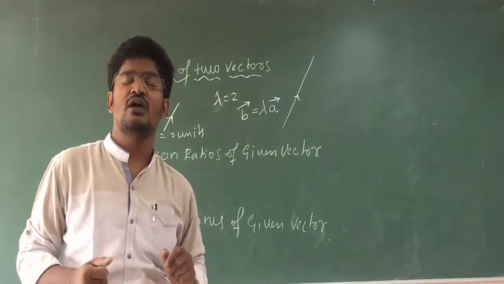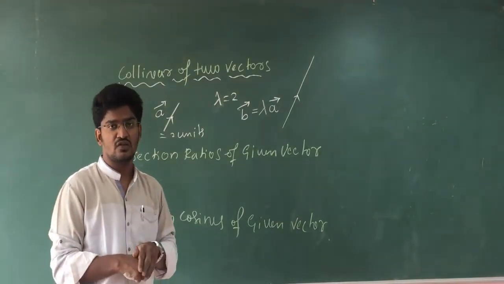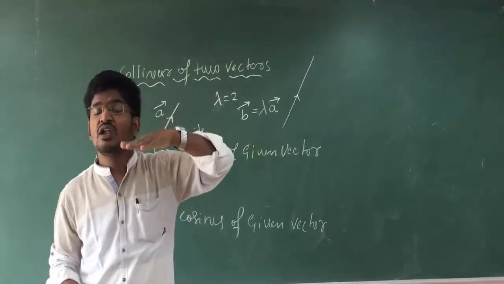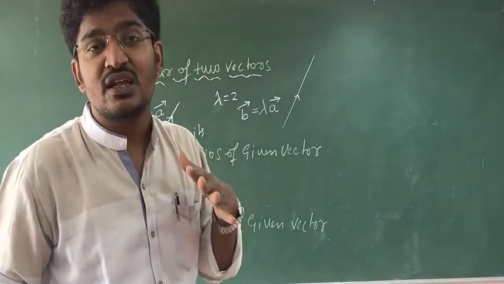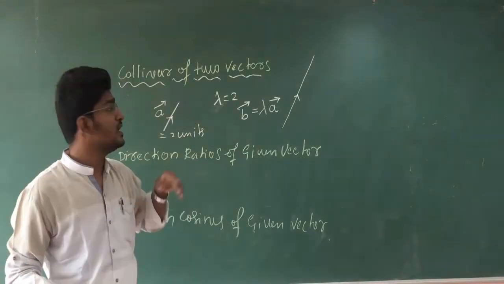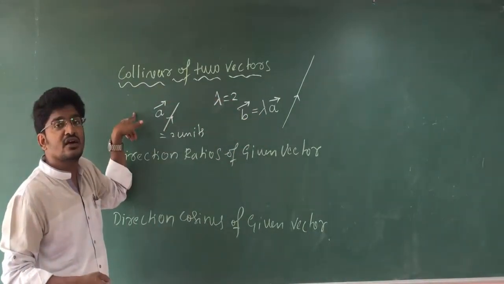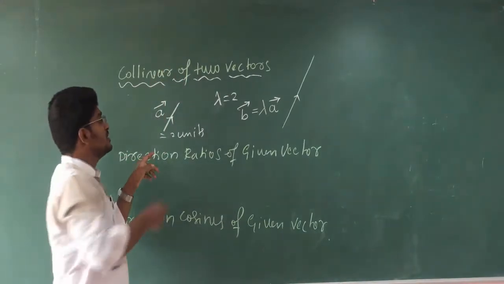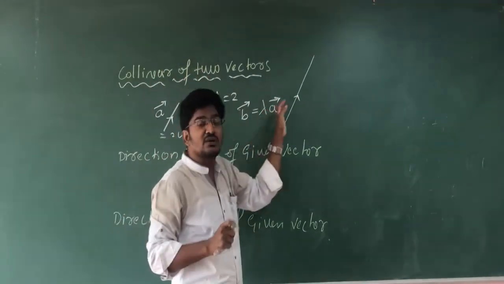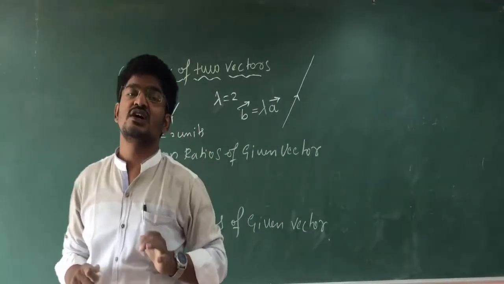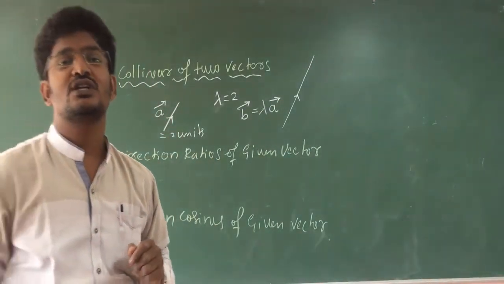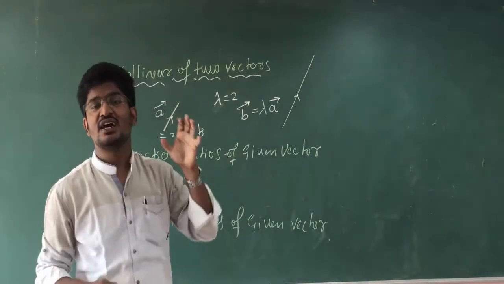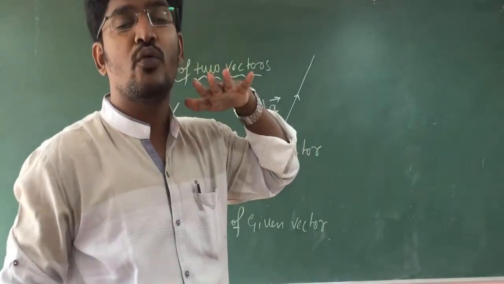Because vector A and vector B lie on the same vector. See, vector B is lying on vector A because it increased its length from vector A. The continued part of vector A is nothing but B. So this kind of vectors are called collinear vectors. They are in the same direction and it is on the same vector.